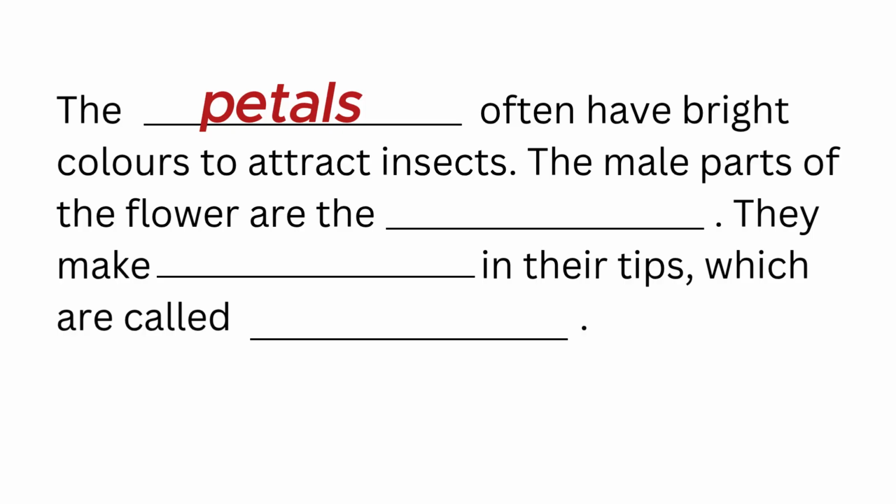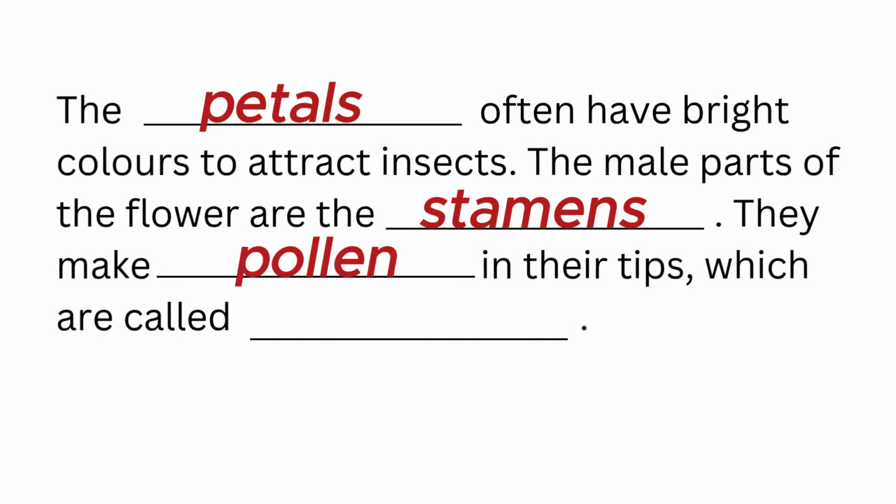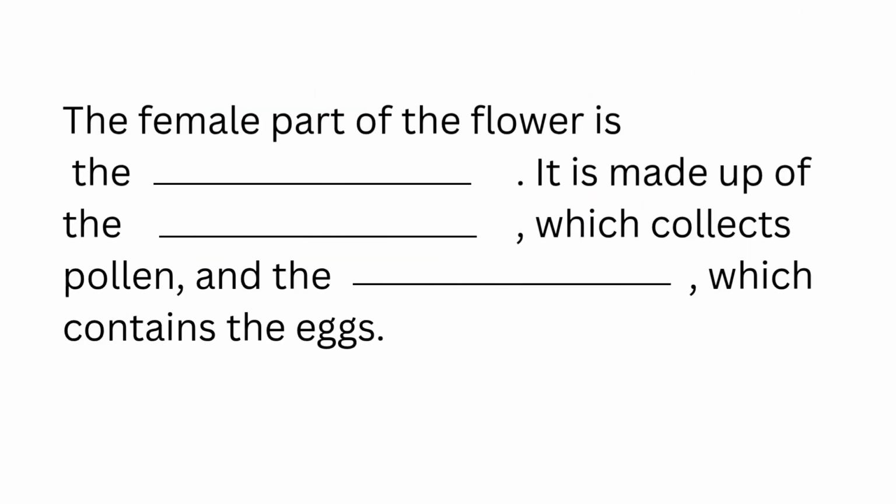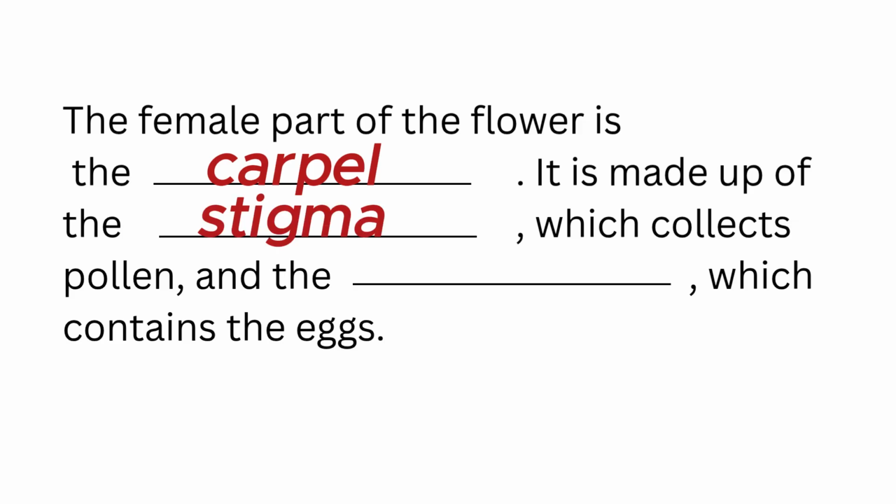The male parts of the flower are the stamens. They make pollen in their tips, which are called anthers. The female part of the flower is the carpel. It is made out of the stigma, which collects pollen, and the ovary, which contains the eggs.